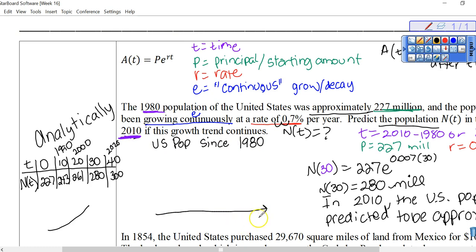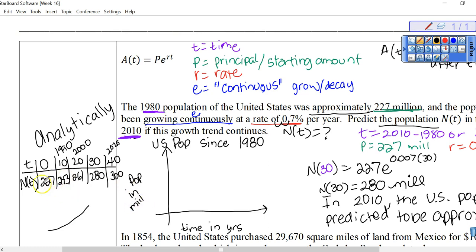So this is our x-axis, and we're going to measure our x-axis in time, and we're measuring it in years. And what is our y-axis measuring? Population in what? In millions, for sure.